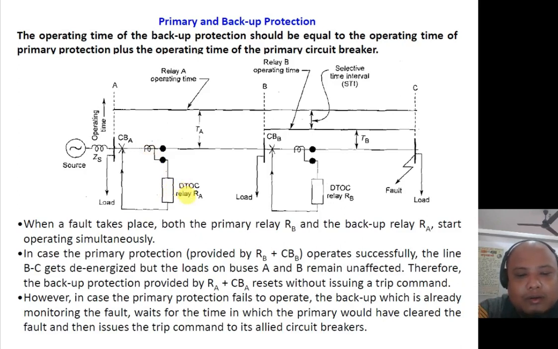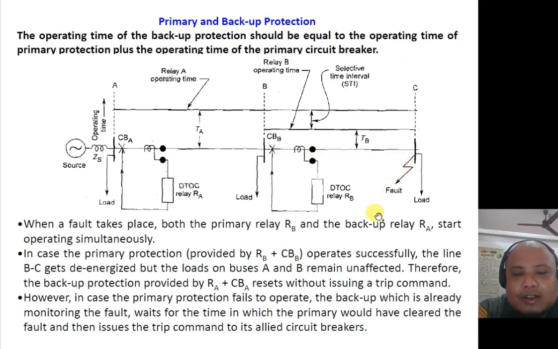However, in case this primary scheme for the line section fails to operate successfully due to some error, there may be various reasons, current will still be flowing in the line section because this is unable to operate and this line section is still connected.